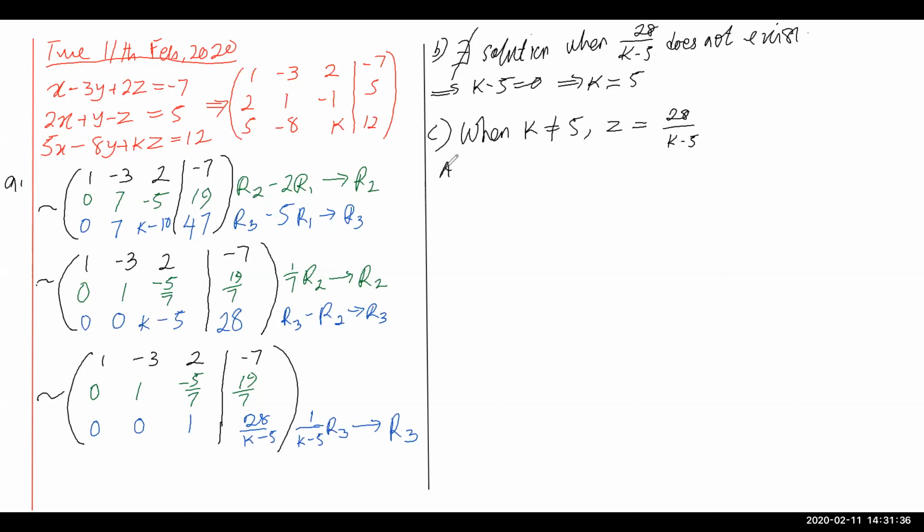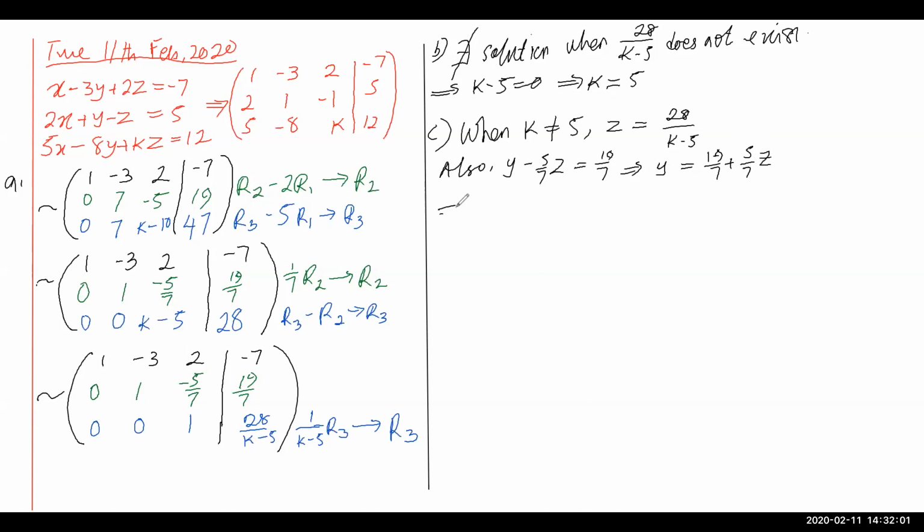Also, y minus 5 over 7z equals 19 over 7. That's from row 2, and that implies y equals 19 over 7 plus 5 over 7z.